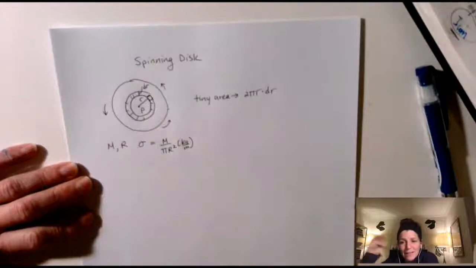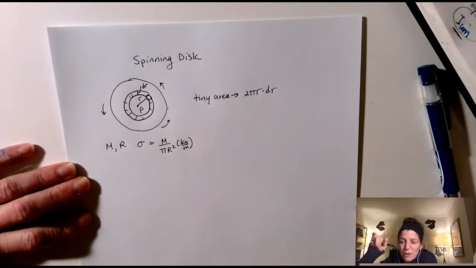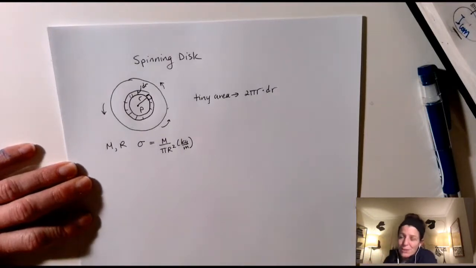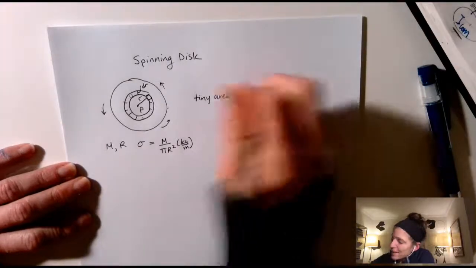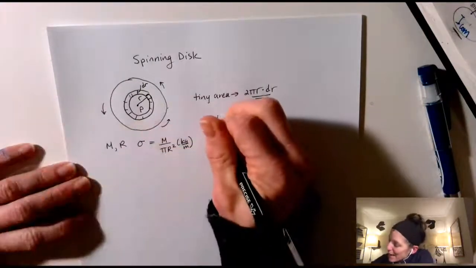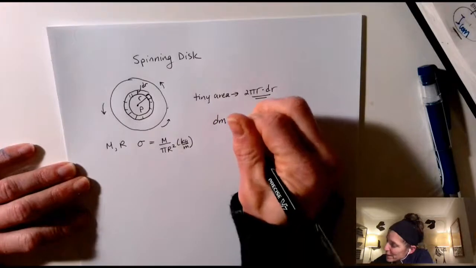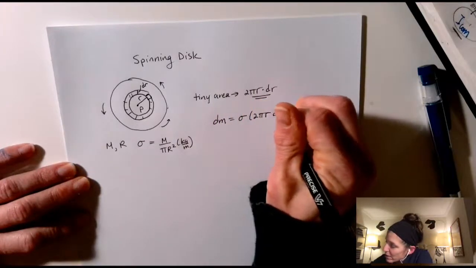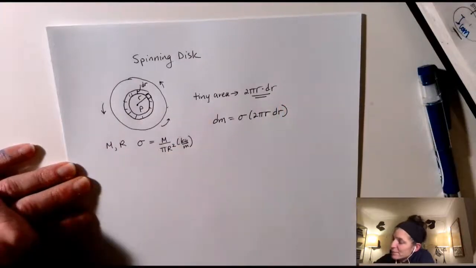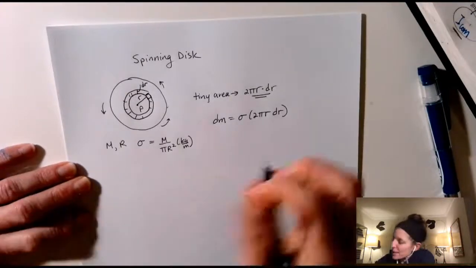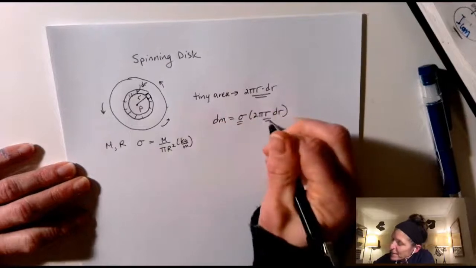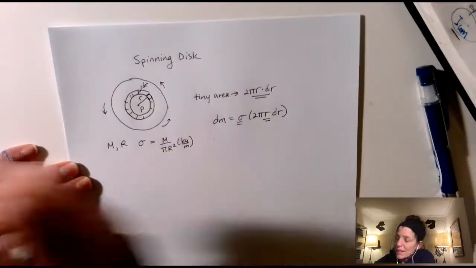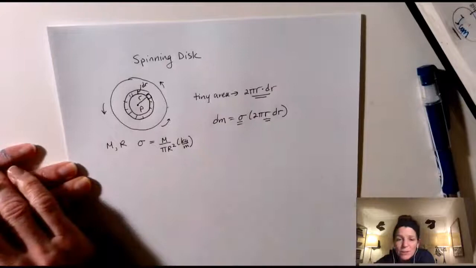So I've basically done a width times length and gotten a tiny little rectangle. If you picture it being so small, if I cut it, I could stretch it out to be a rectangle. That's my little area. Now my dm of that ring is going to be sigma times 2 pi r dr. That's the mass density times the area: kilograms per meter squared times meters squared.